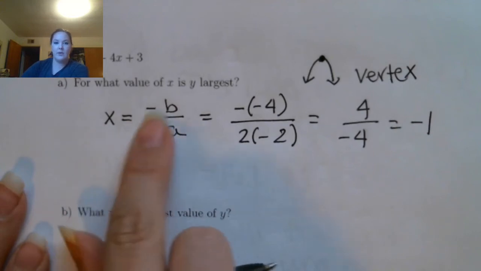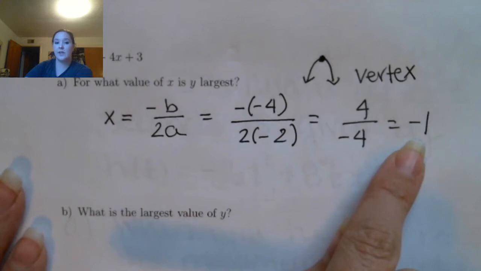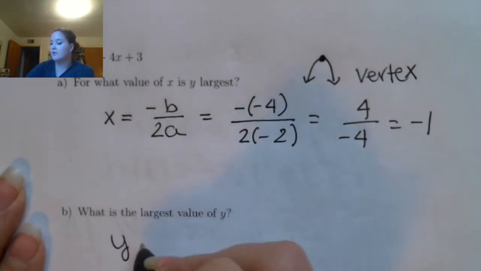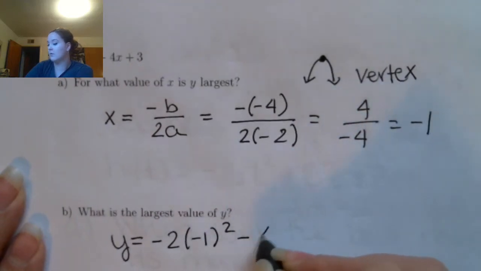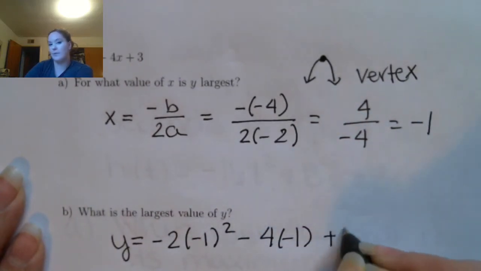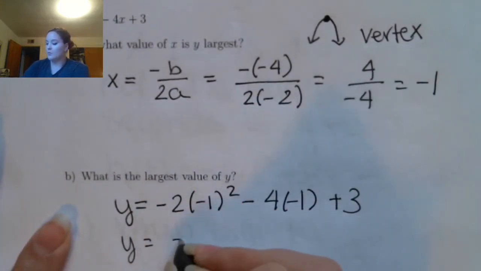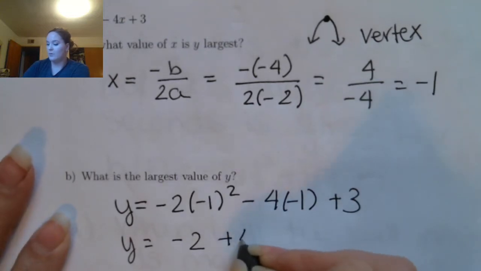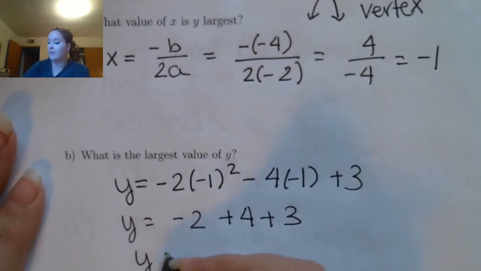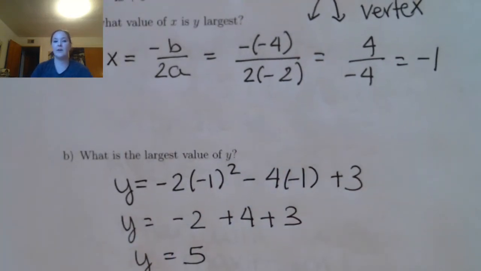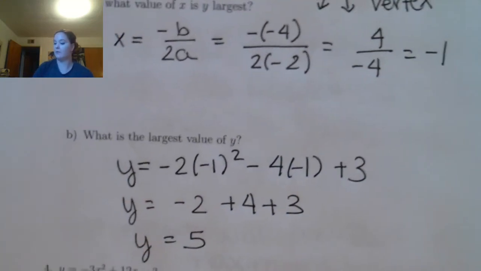So this largest value is occurring at x equals -1, and then we can plug in to find that actual value. -1 squared is 1, so this is going to be -2 plus 4 plus 3, which should be 5. So the largest value of y is 5, and it's occurring at the x value -1.